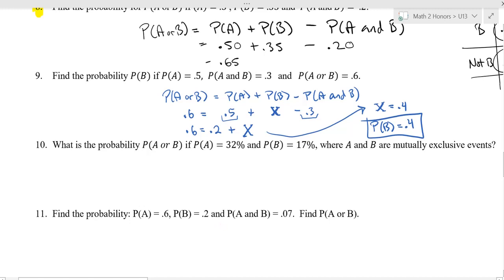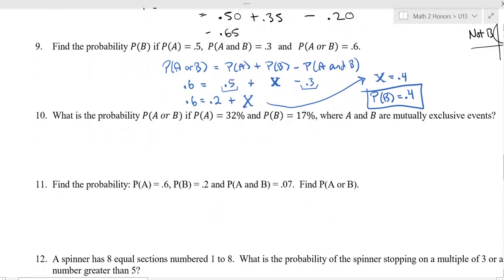Number 10, what's the probability of A or B? The probability of A is 32%, probability of B is 17%, and A and B are mutually exclusive events. Mutually exclusive means that the probability of A and B is equal to 0, meaning they can't happen at the same time.